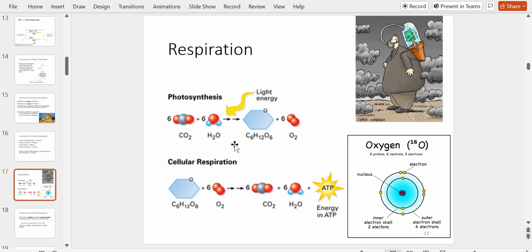Respiration. So you'll see here, what plants do is they take carbon dioxide, water, and light from the sun to make sugar and oxygen. Everything there that we need. And cellular respiration is basically going backwards. Because we have to feed the trees there with carbon dioxide because that's what they breathe.